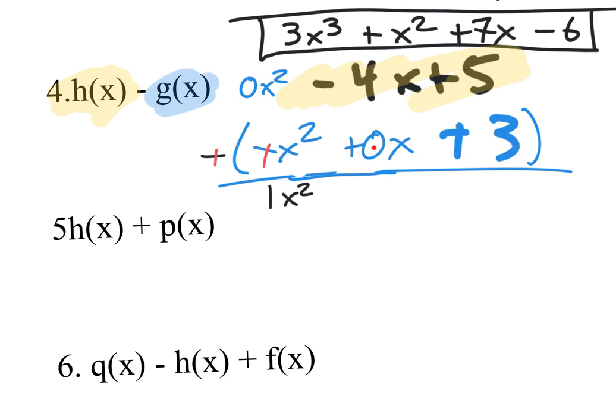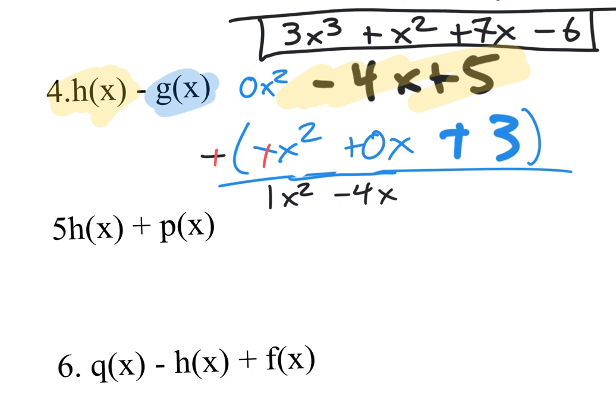And then I have negative 4 minus 0, which of course is just negative 4x. And then, oh, I made a mistake there. Remember, that's negative 4x minus 0, but it's still negative 4x. And then I have 5 minus 3, okay? I canceled that minus out, but that was just for this term, so that might be a little confusing.